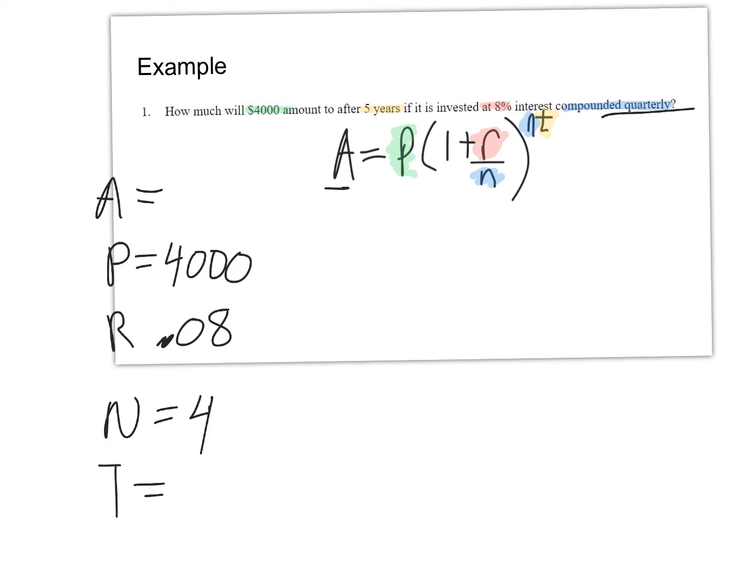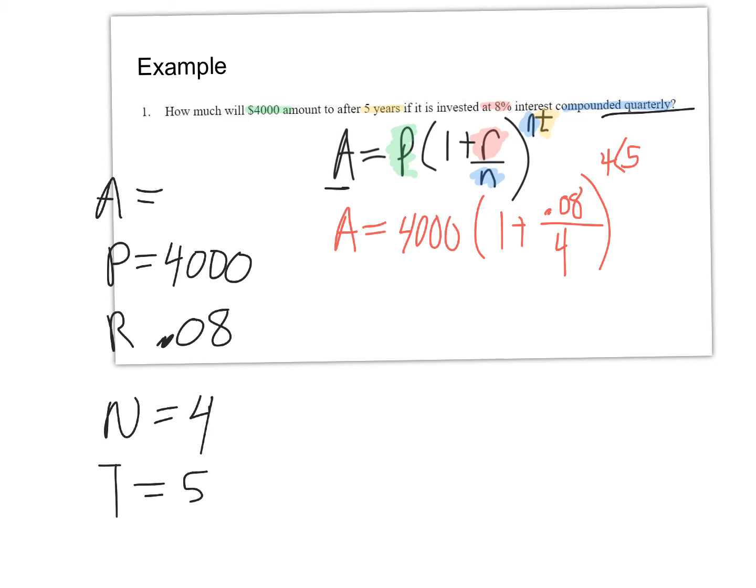And the time is going to be 5 years. Okay, so we have everything we need. So let's fill this in. A equals 4,000 times 1 plus 0.08, my rate, divided by 4, raised to the 4 times 5 power. Just filling in everything that we know.